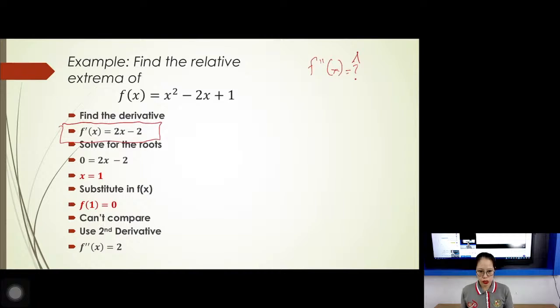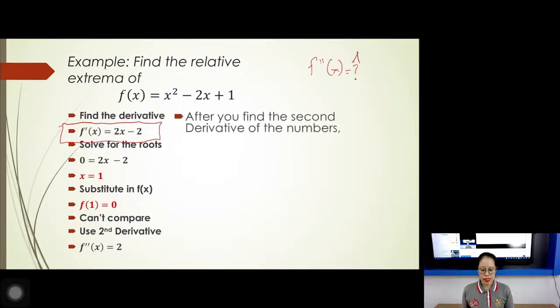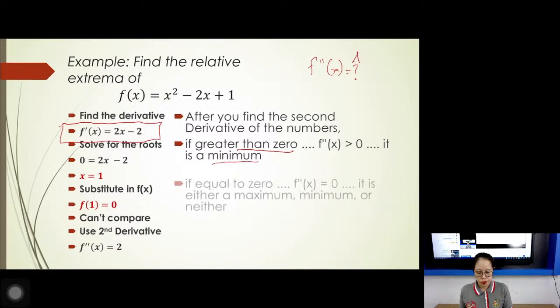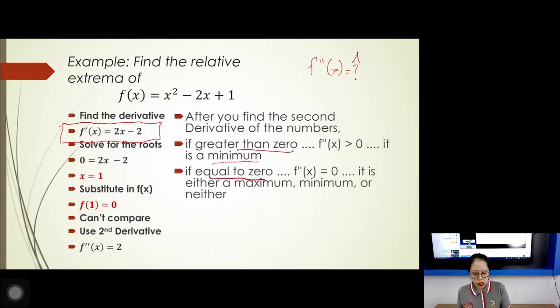Now what are we going to do? After you find the second derivative, if it is greater than 0, meaning it is positive, it is minimum. If it is equal to 0, what will happen?